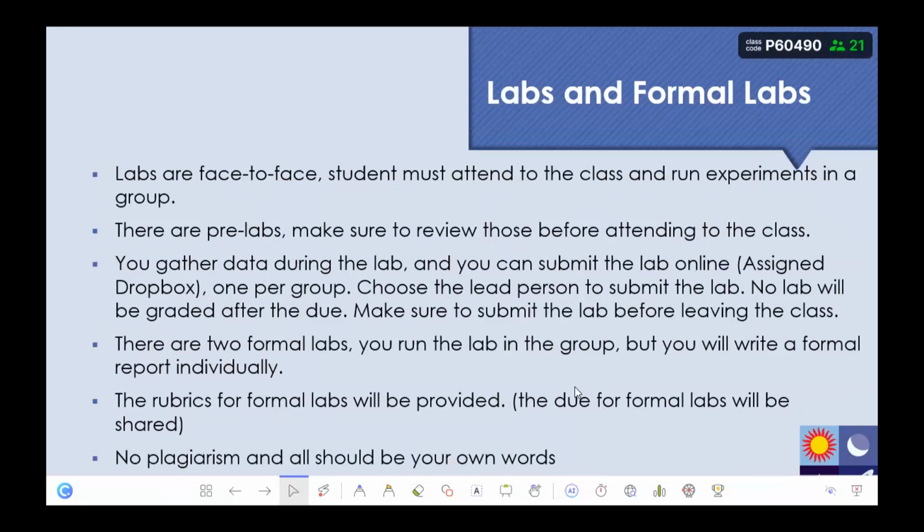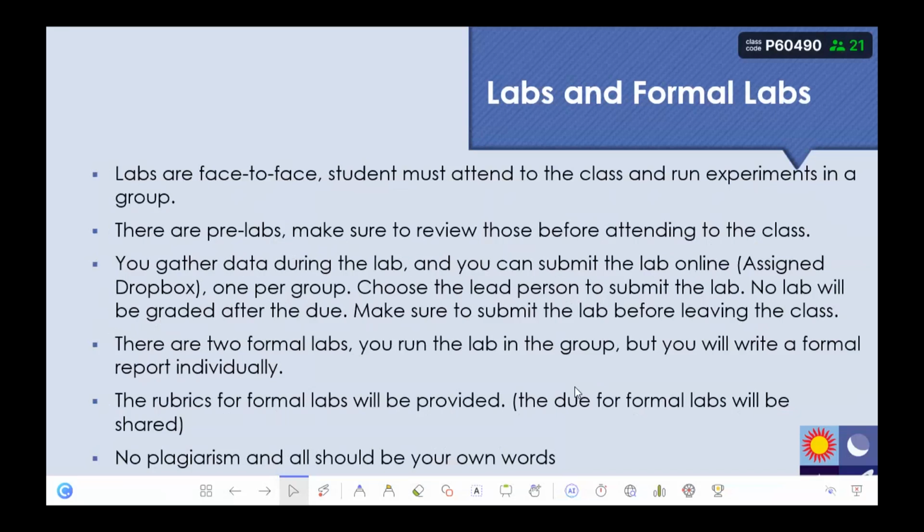This submission is going to be online. You will scan your lab report, and you just choose one person in the group, and that person will submit the lab report.